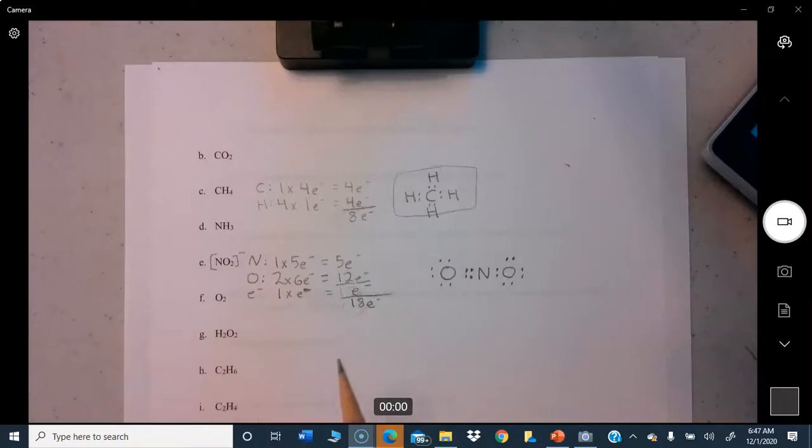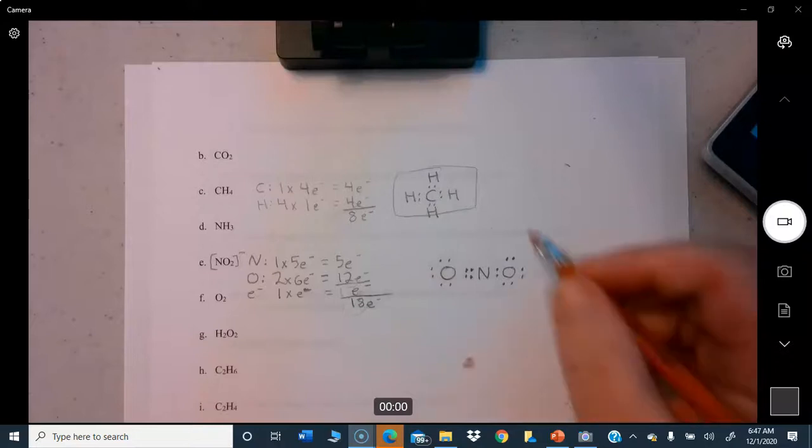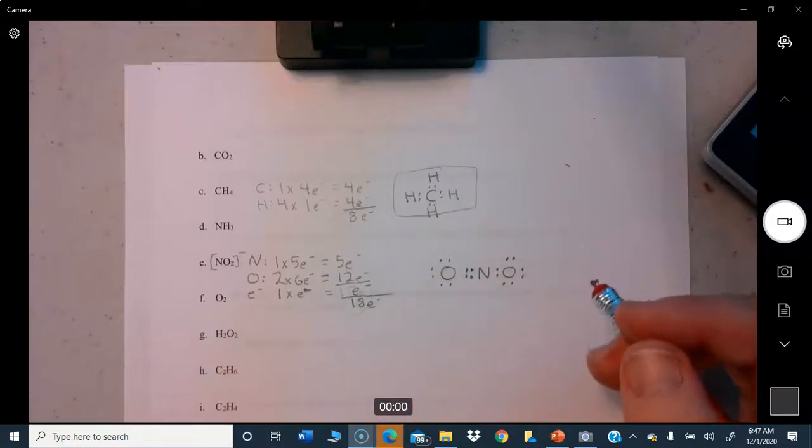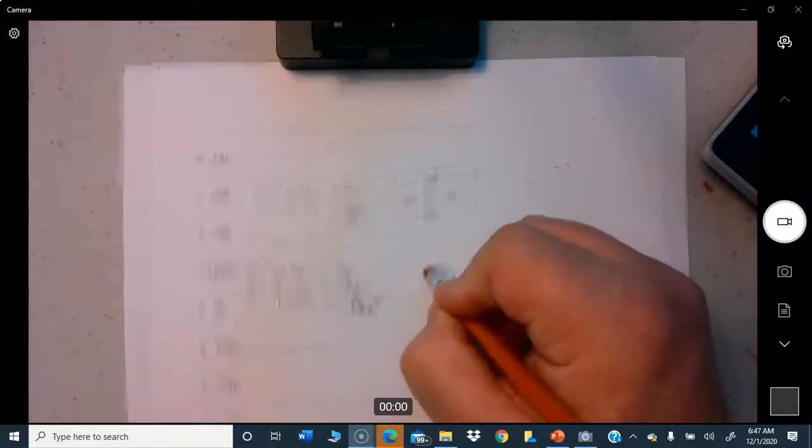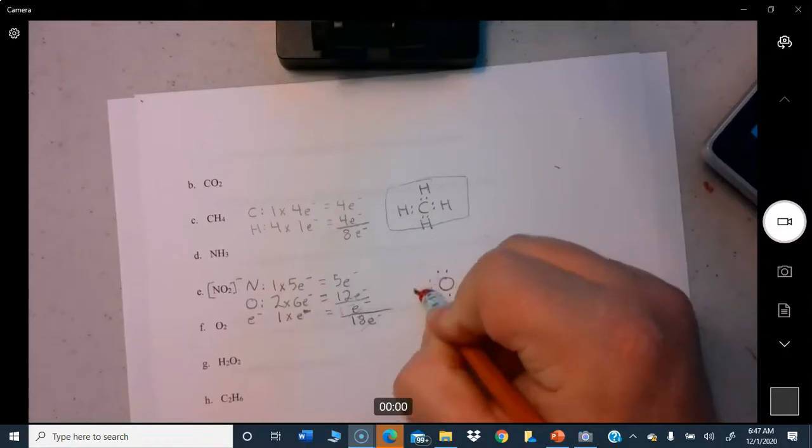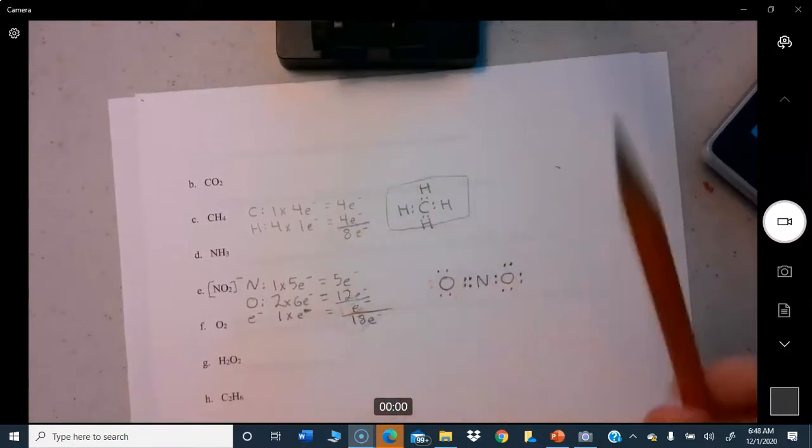So where do you get the other 2 from? Well, you get them from one of the lone pairs. You rearrange it. We don't want to add or subtract any more electrons because we have 18. But nitrogen still needs 2 more. So we get it from one of these lone pairs out here. So I am going to pick this one. And now where do I put it?